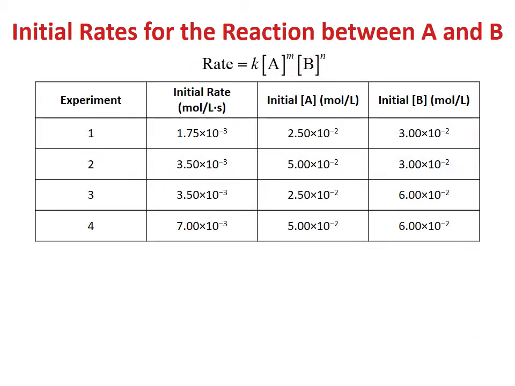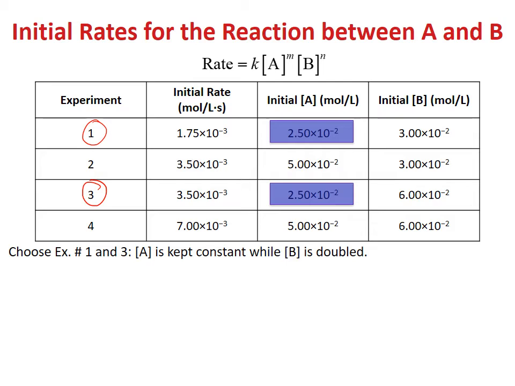Let's compare experiments 1 and 3. This time, they have the same concentration of A, but B is different, and therefore the reaction rates are different. As last time, we first calculate the theoretical rate change from 1 to 3.